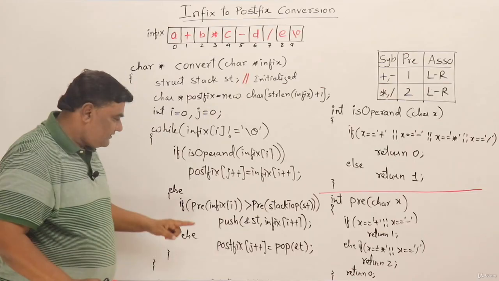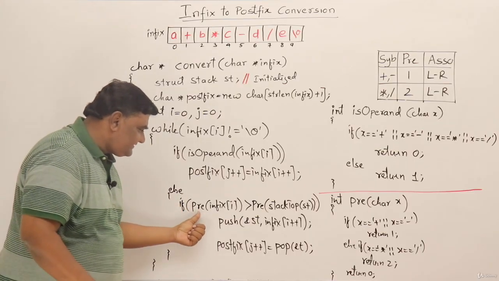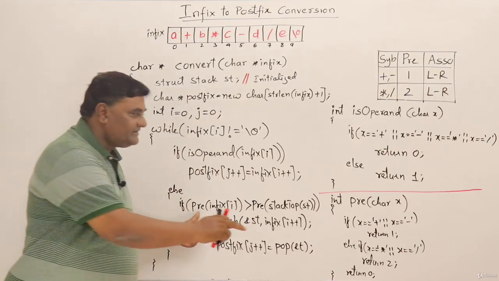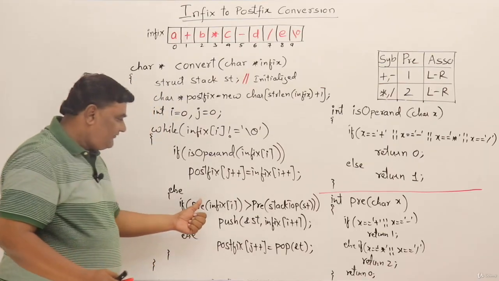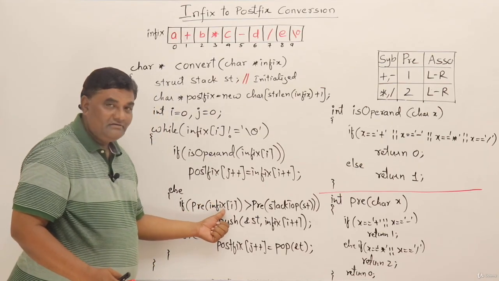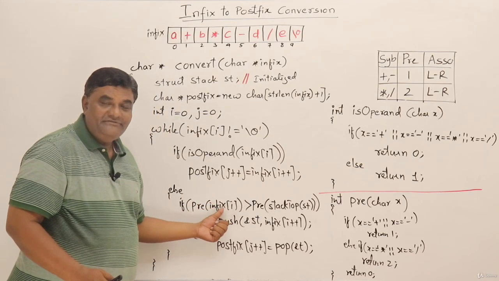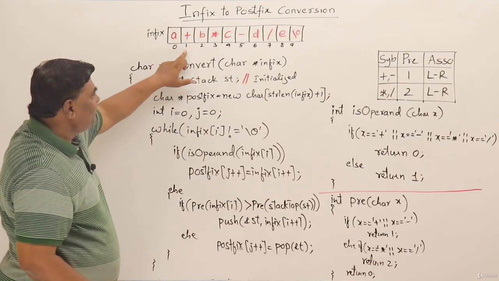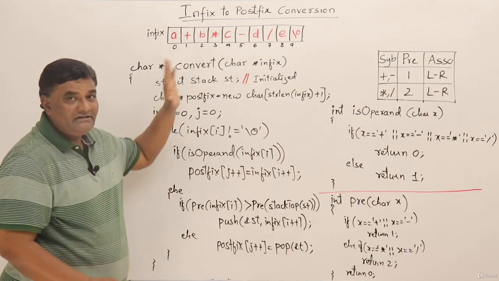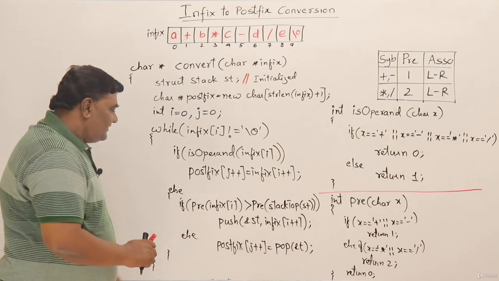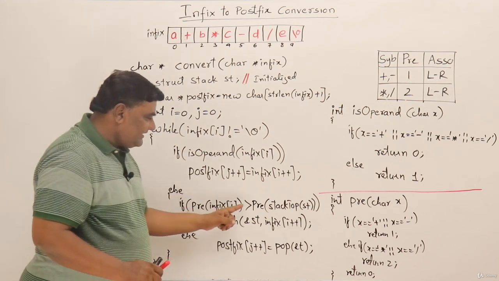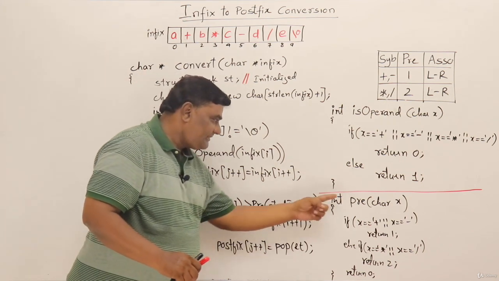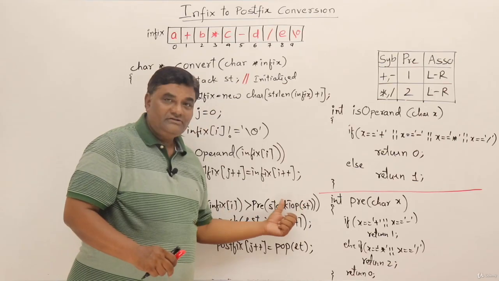Now here I will read it out. If precedence, PRE, this is the precedence function, of infix of I, where I may be on this operator or any operator, is greater than PRE, the precedence of the stack top.